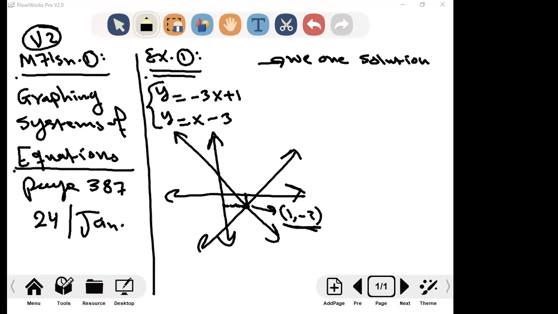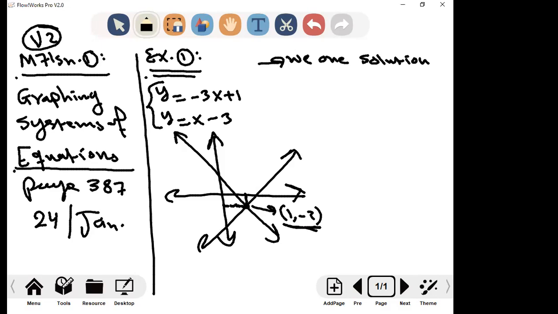To understand dependent and independent, we have a paragraph before example 1. Let's go back and read it slowly to see when it is independent, when it is dependent, consistent or inconsistent. A set of two or more equations with the same variables is called a system of equations.